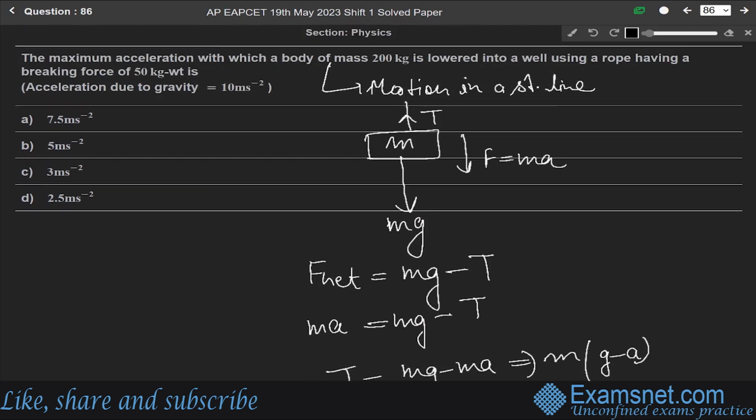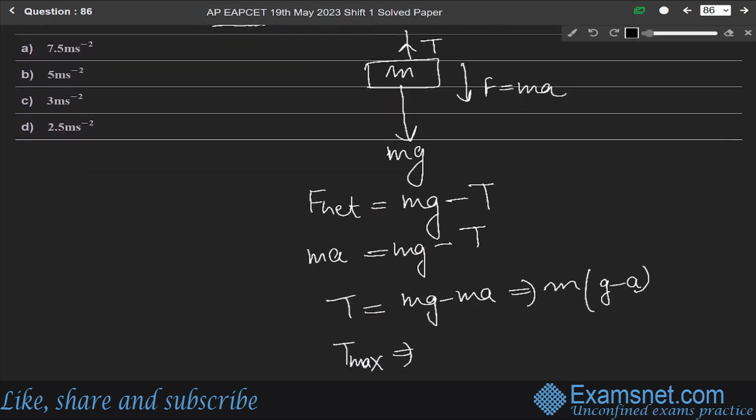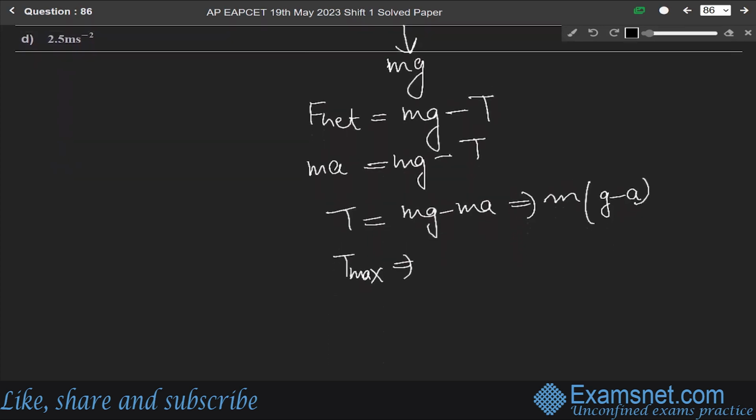Mass is given as 200, and acceleration due to gravity is 10 meter per second square. Braking force is 50 kg weight. So putting these values, we get m into g minus a, so it will be 200 into 10 minus a.